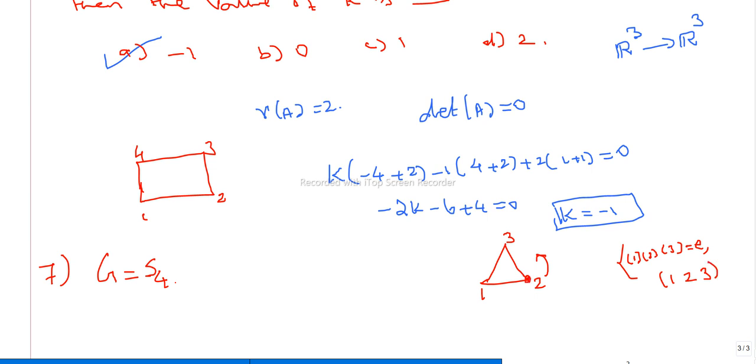Otherwise, you fix one position and just swap the other two. Therefore, we get 1 goes to 3, 3 goes to 1, the second is fixed. Suppose you fix the third position and swap these two, then 1 goes to 2, 2 goes to 1. Again, fix 1, you can swap 2 and 3. And then what is the other possible?